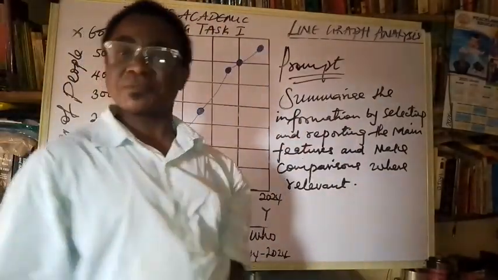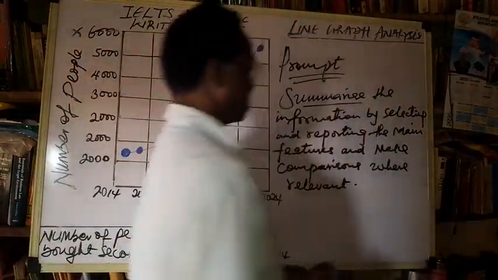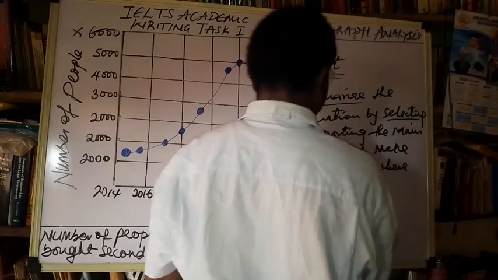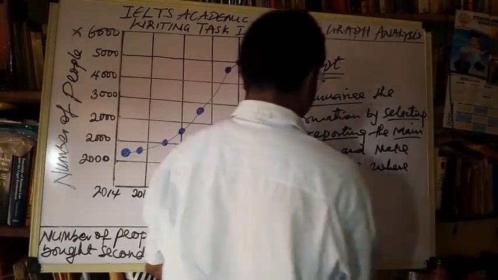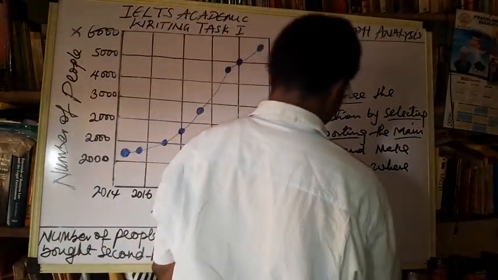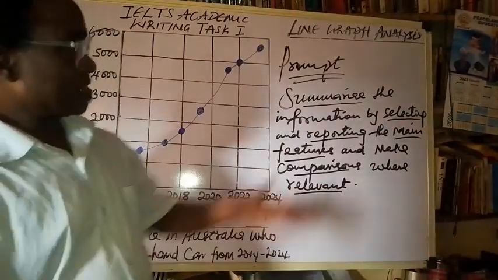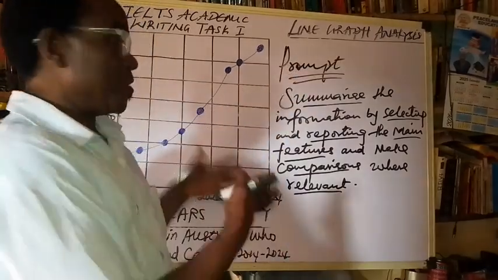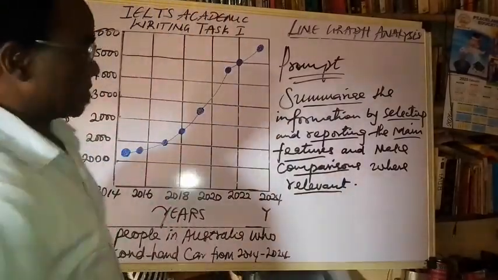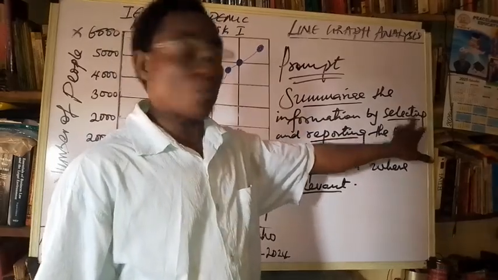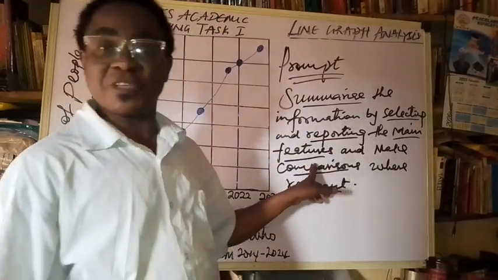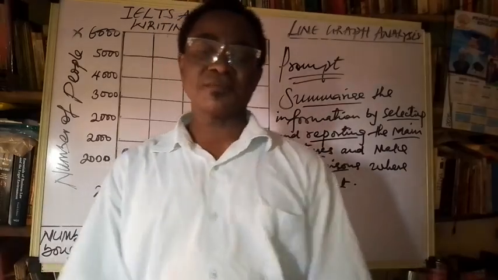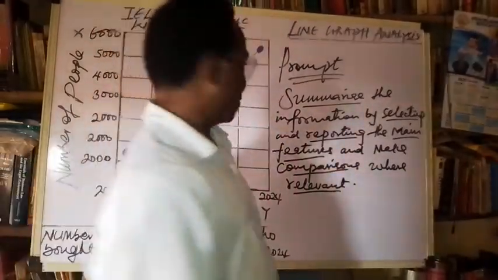So this is the prompt. It says, summarize the information by selecting and reporting the main features and make comparisons where relevant. These are the keywords. The candidate is to summarize. So what you're going to present is a summary of what the graph represents. Summarize the information contained in the graph by doing what? Selecting and reporting only the main features. And then, where it is relevant, you make comparisons. That is the task before us now.